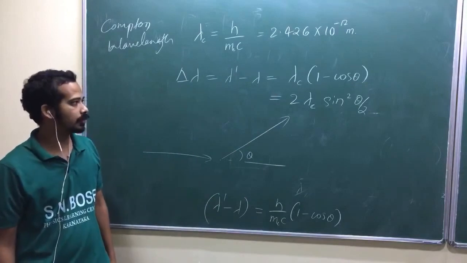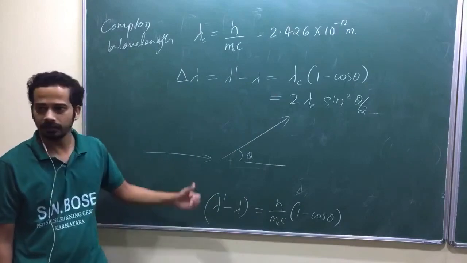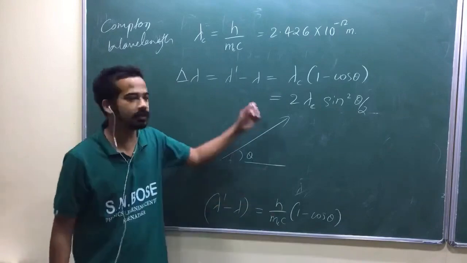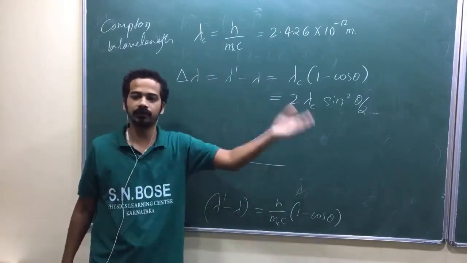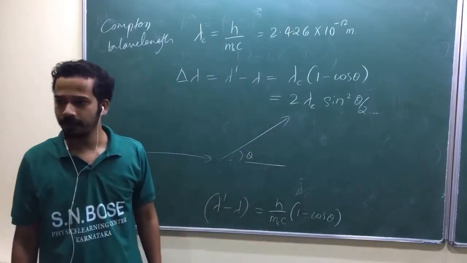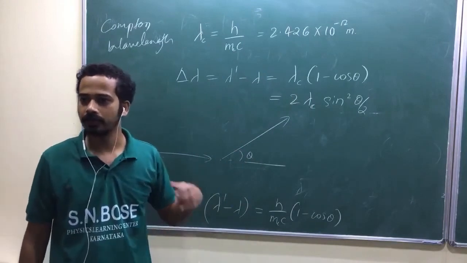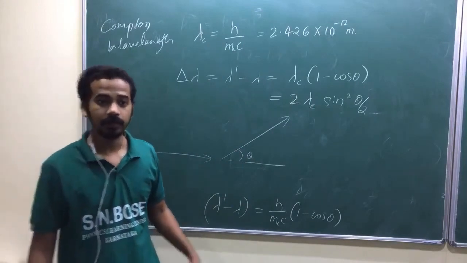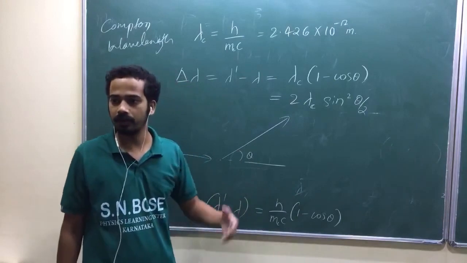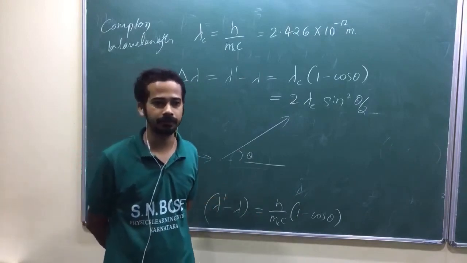So now, because of that fact, whatever assumptions we have made, since this whole formula satisfies experimental data, the assumptions are true. What are the assumptions? The incident one was a particle, so we call it a photon; it has a momentum, it has an energy.